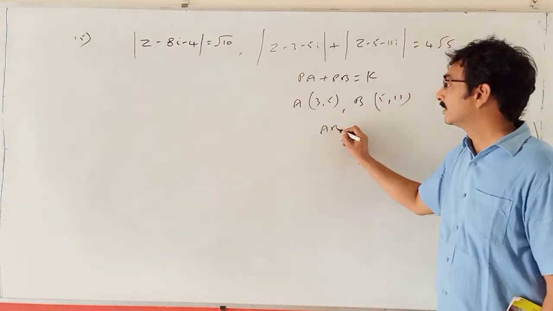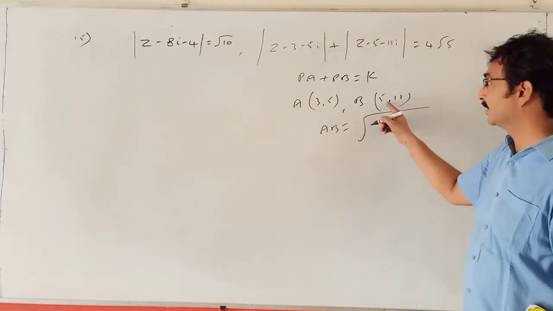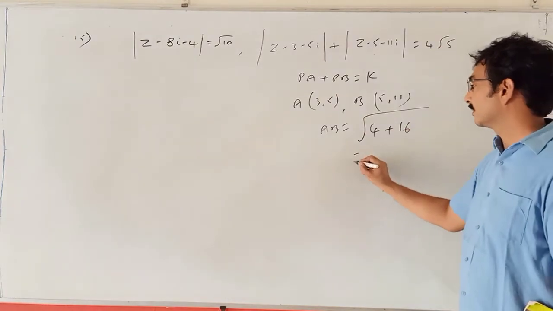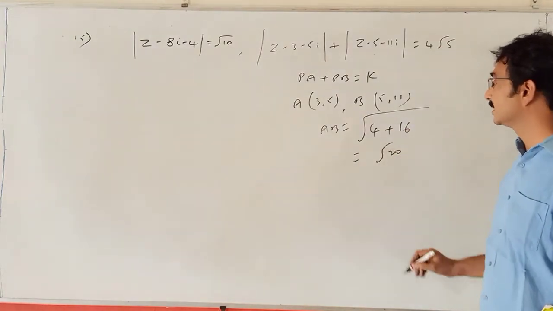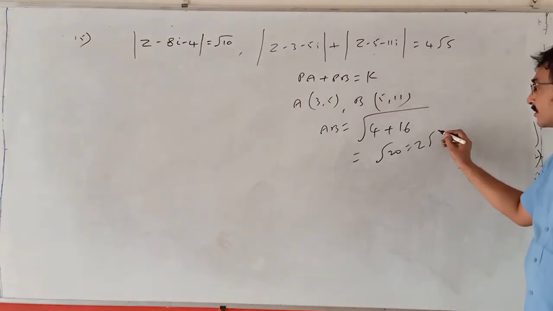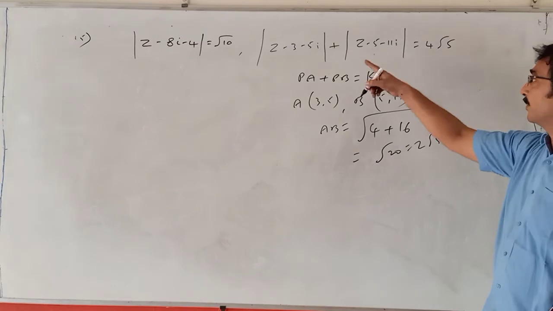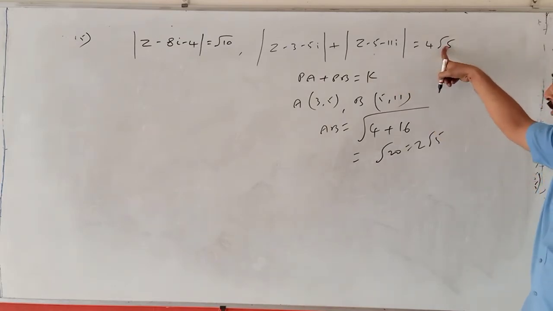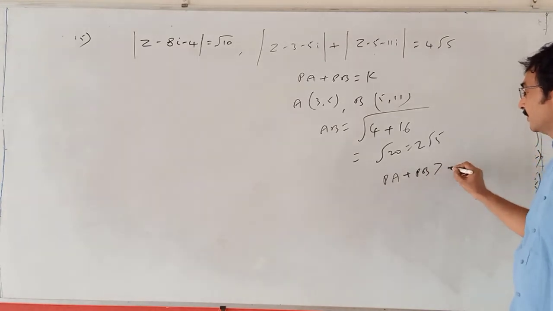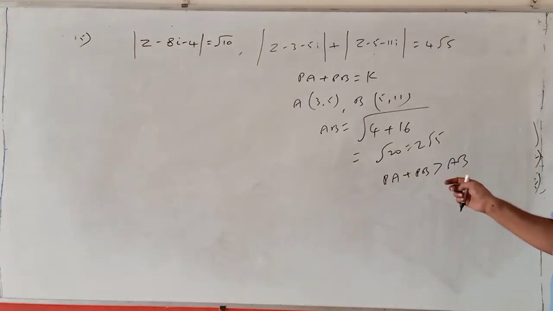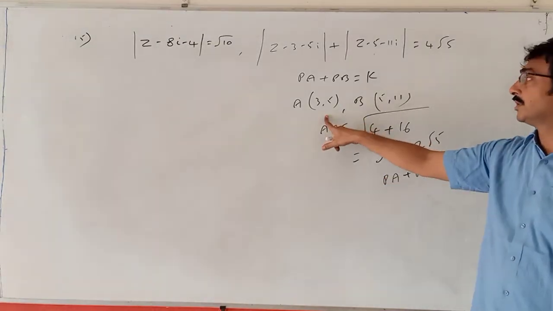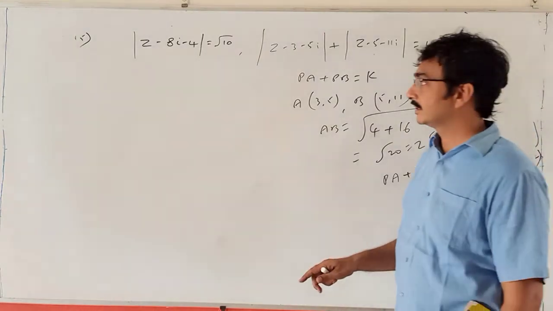Now the distance between the 2 points is root of 5 minus 3 squared plus 11 minus 5 squared, therefore root 20, which is 2 root 5. But PA plus PB value is 4 root 5. Clearly 4 root 5 is greater than 2 root 5, meaning PA plus PB is greater than AB. Therefore the locus of P is an ellipse whose foci are 3,5 and 5,11.